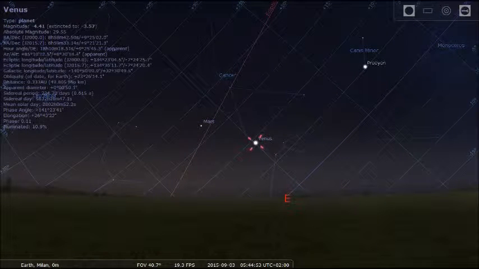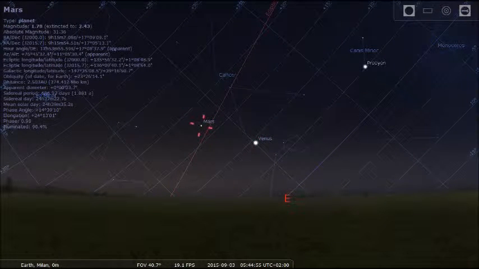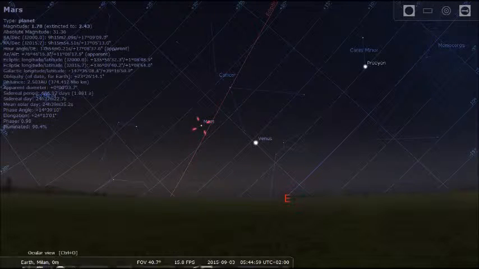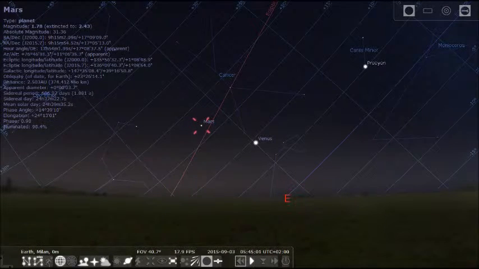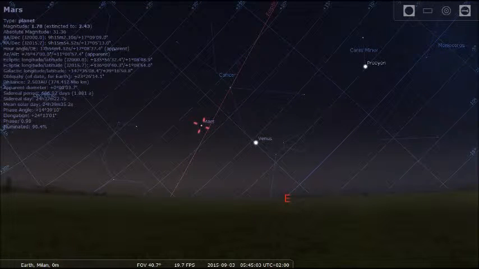We see Venus and Mars, which are very close to each other and very close to the ecliptic plane, where all the planets move, which has something to do with the solar system.